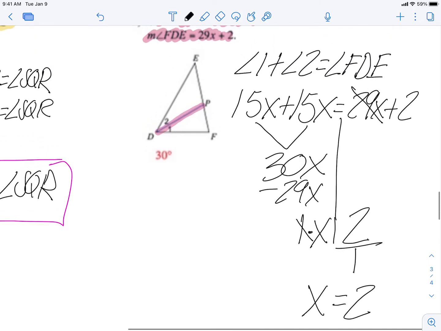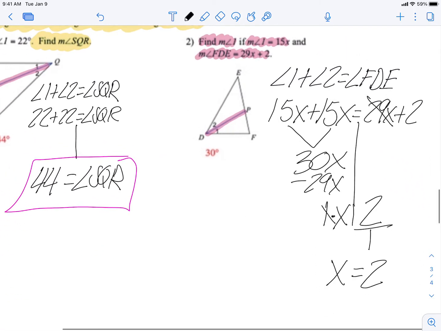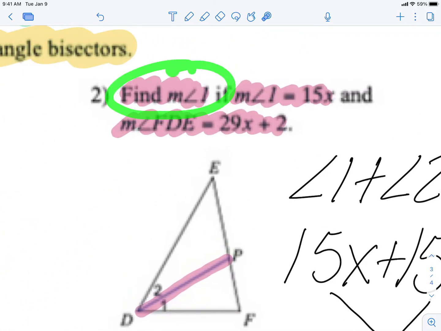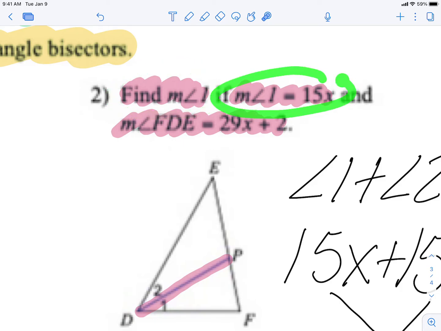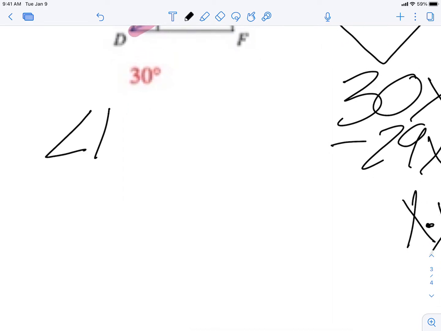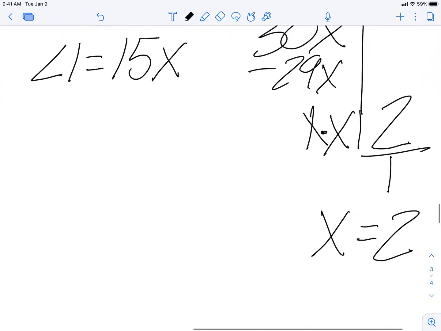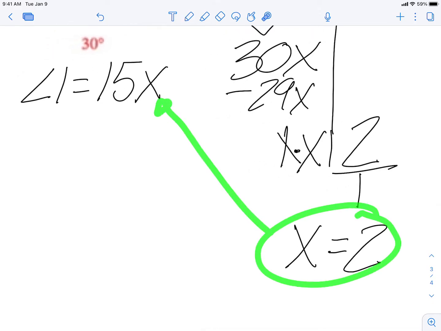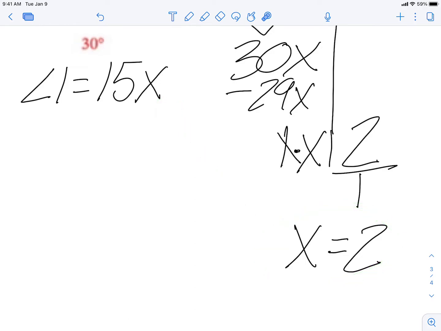Right? But be careful though. Number 2 does not say solve for x. It says find angle 1. Right? And angle 1 is 15x. So here on the right side here, I'm going to say angle 1 is equal to 15x. Fortunately, we have already found x. X is equal to 2, so this 2 is going to go right in there where this x is. So we're going to say 15 parentheses, and then a 2 is going to go in there.